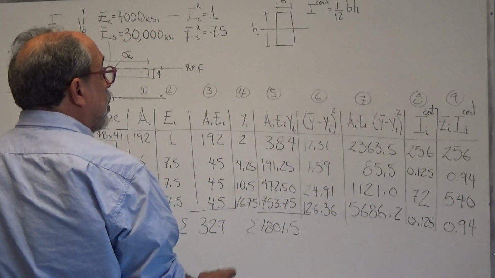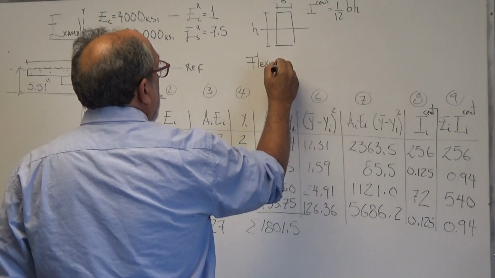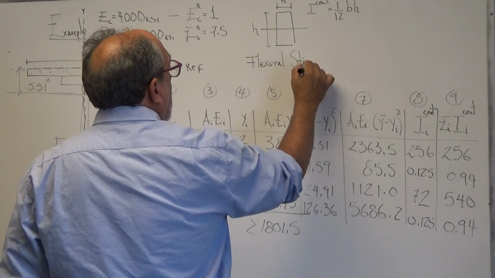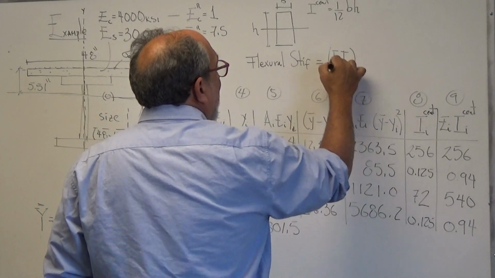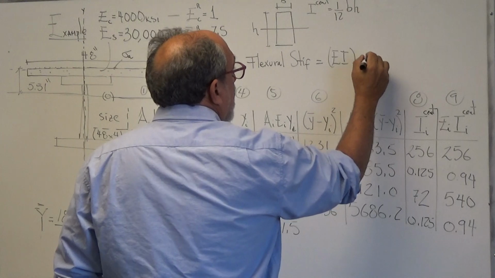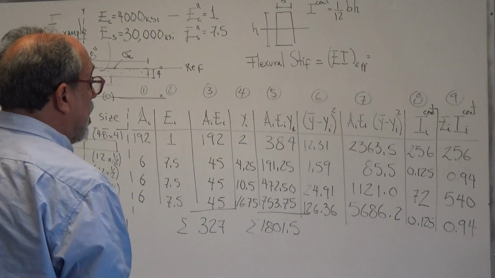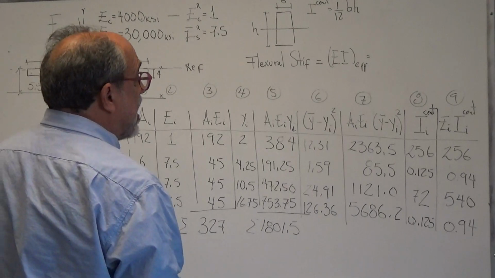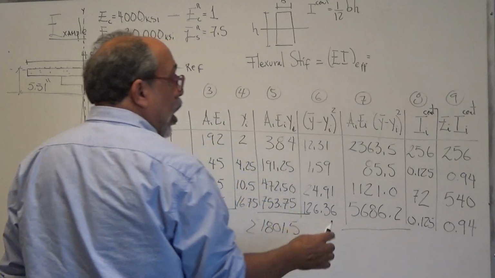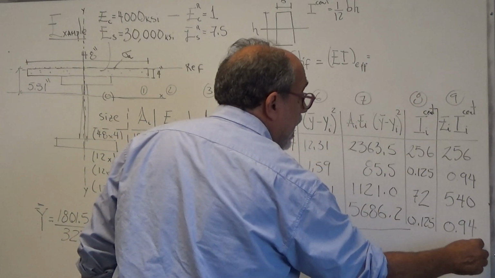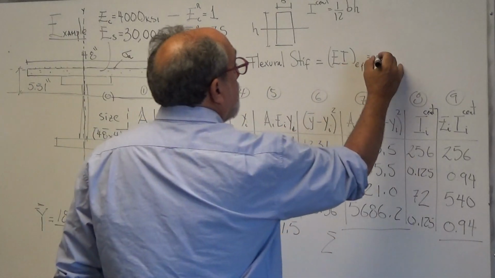Now, in order to calculate the flexural stiffness, which is the same thing as the EI effective, in the scheme of this table, which is the parallel axis theorem, it is the summation of column 7 plus the summation of column 9.